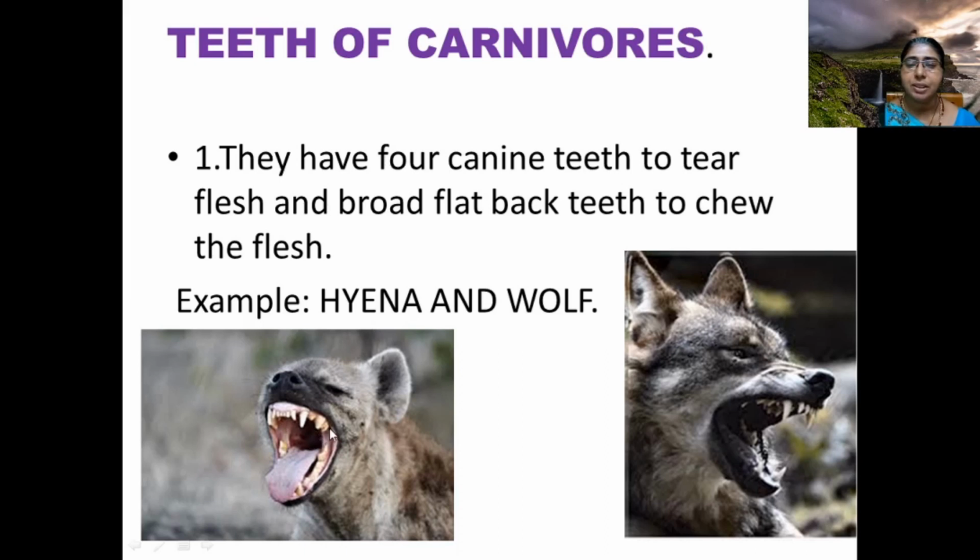Look at this picture. Here you can see a hyena. Observe its teeth. You can see the sharp, long, pointed canine teeth and broad, flat back teeth. The wolf's mouth also is the same way: long pointed teeth, and here also you can see the back teeth. It helps them to tear flesh and chew the flesh.